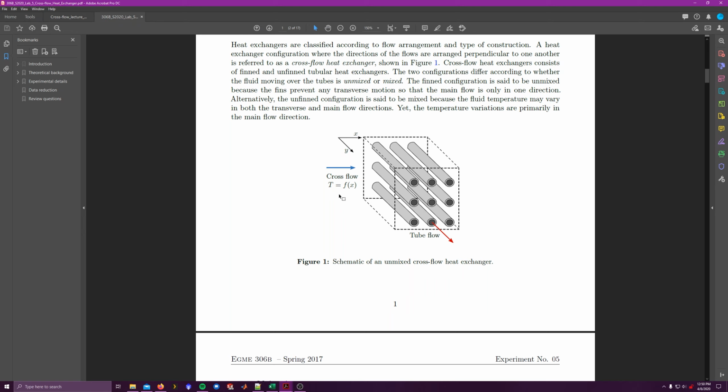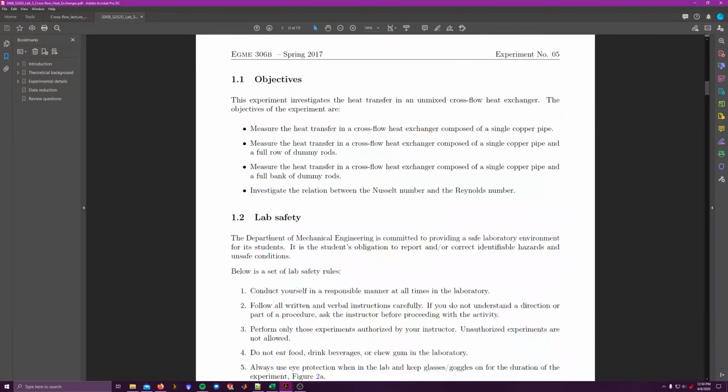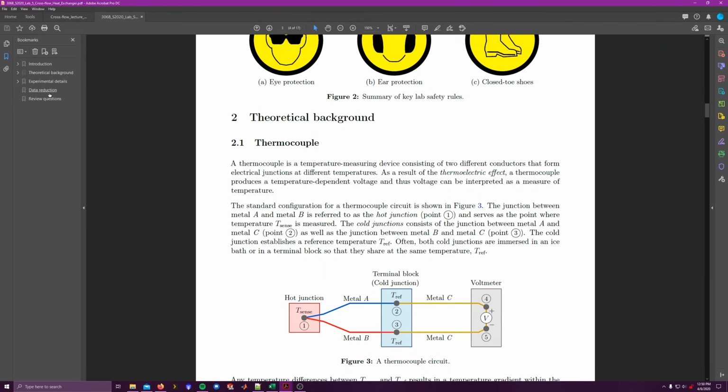So this cross flow is going to be air that we're going to be kind of sucking into the system. Basically what this is going to do is it's going to convectively cool these rods here. So we're going to be using one copper pipe that's going to be heated up, and we're going to cool that with convective cooling.